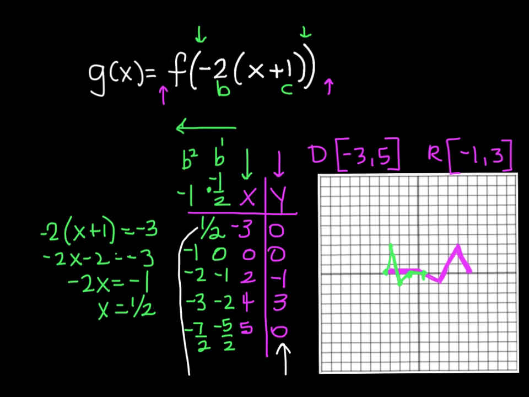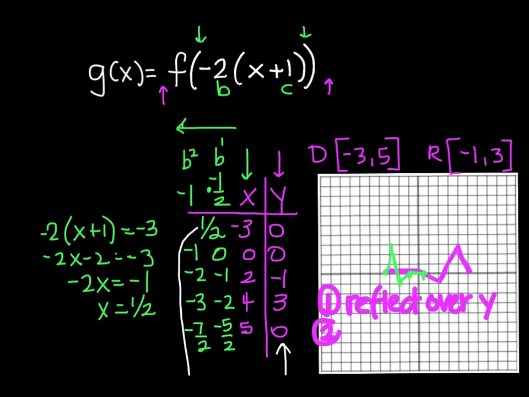But it also looks like something else happened. Do you notice that whereas I had a line and then a hump, I now have a hump and then a line? What happened from here to here? So the first thing that happened was it was reflected over the x-axis, over the y-axis. Nope, y-axis.